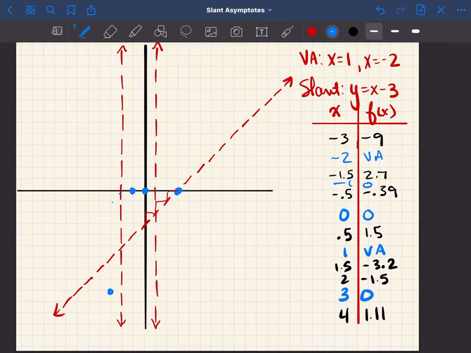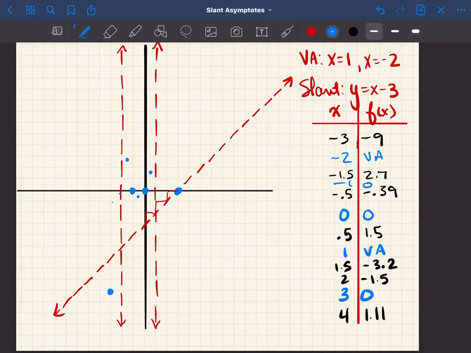And at -1.5, we are at 2.7, so we're somewhere up here. At -0.5, we're at -0.39, so somewhere right about here. At 0.5, I'm at 1.5, so I'm somewhere right about here.